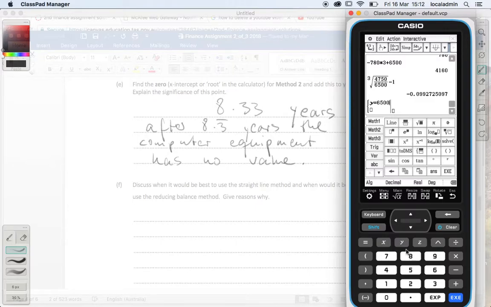So 6,500, and we multiply that by 1 minus 0.15 to the power of x, and the second one is y equals negative 780 times x plus 6,500, and the last little input value is we want x, comma y, and now we will solve for it.